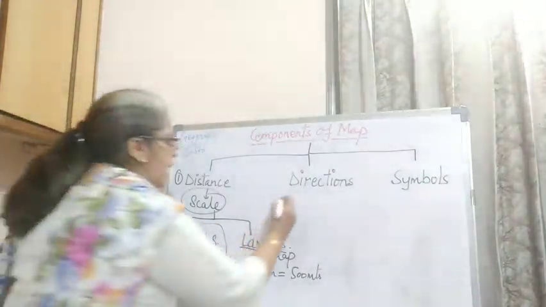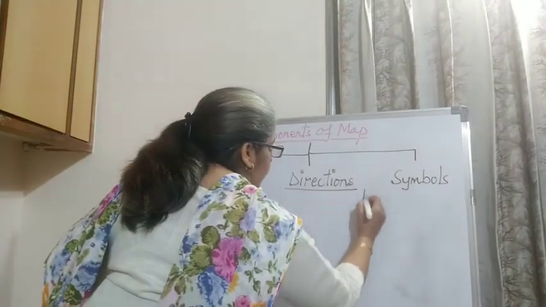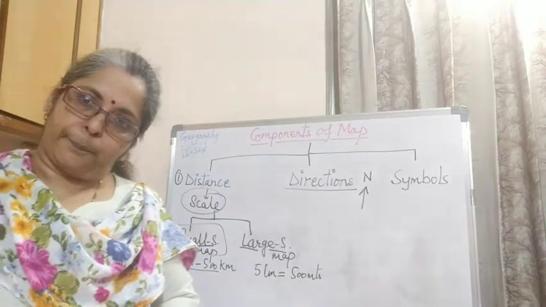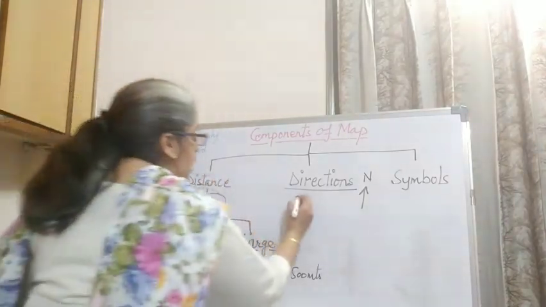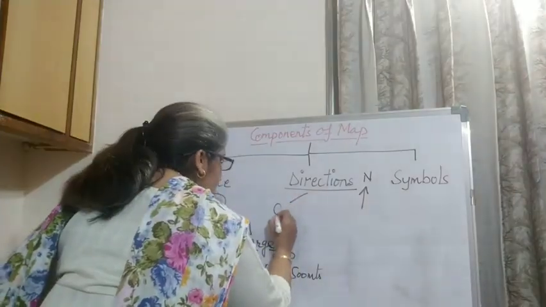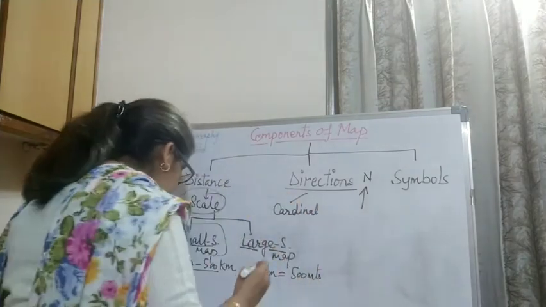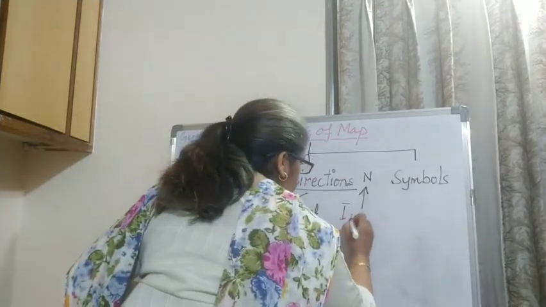Now, coming to the directions, directions are always given on the map. We have cardinal directions and intermediate directions.